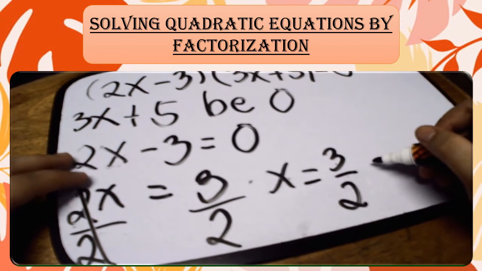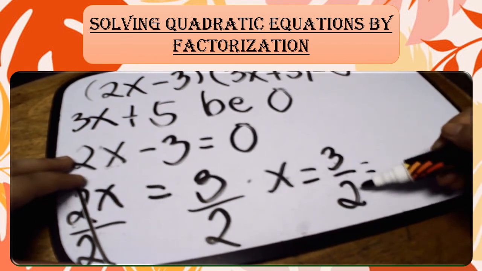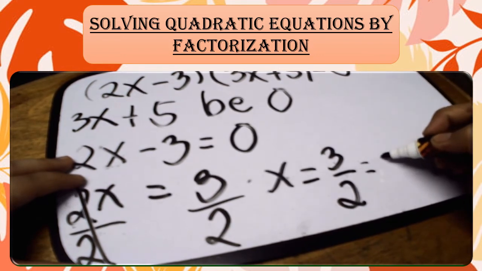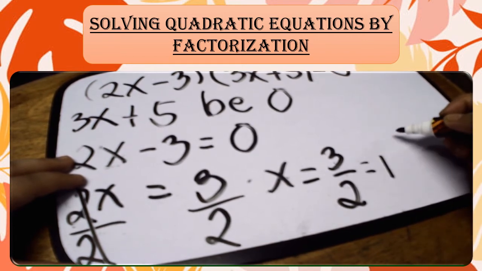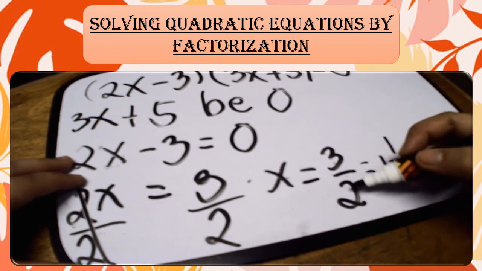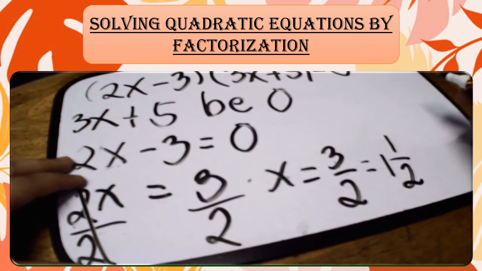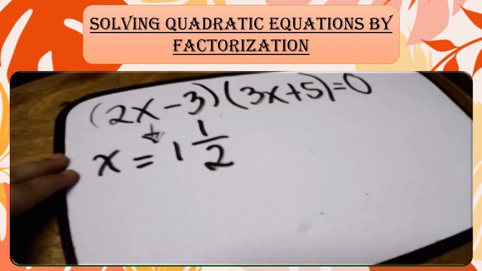Just divide 3 over 2. 3 divided by 2, in 3 we have only 1, 2. The remainder is 1. And just copy the denominator. So, the answer is 1 and 1/2. So, the value of 2x minus 3 is 1 and 1/2.